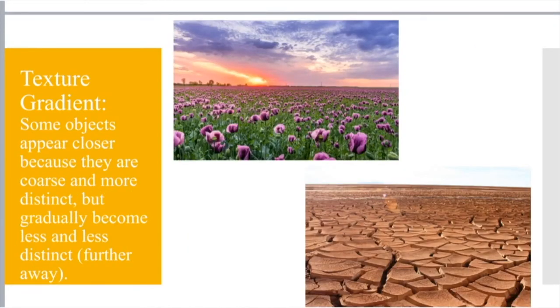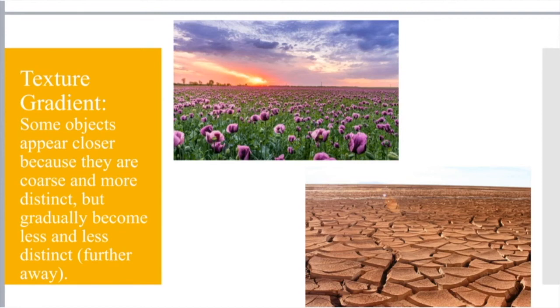The next one is texture gradient. Some objects appear closer because they are coarse and more distinct, but gradually become less and less distinct as they get further away. Now, I just want to clarify that you're not always going to see all of these in play at once. Texture gradient and relative clarity seem pretty similar. As it gets further away, it all kind of blends together and gets a little murky.